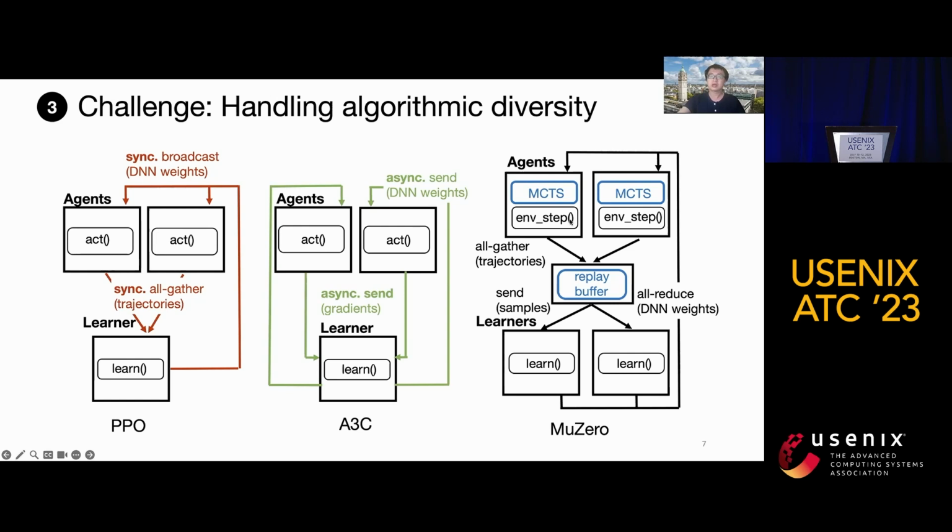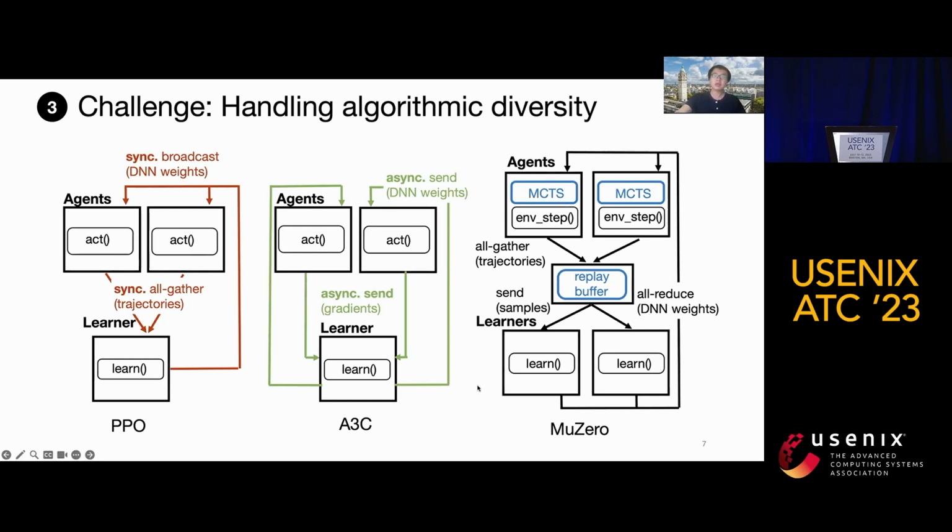In addition, the MuZero algorithm also uses Monte Carlo tree search in the agent to perform the inference. This provides another opportunity for parallelization, right? Because Monte Carlo tree search can also be parallelized inside of the agent. That's also another challenge which the system needs to handle.